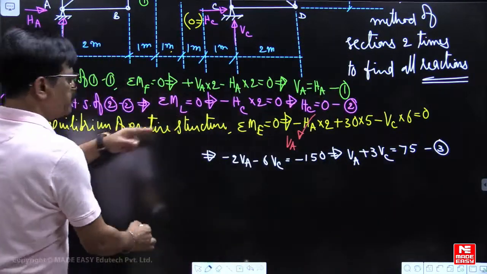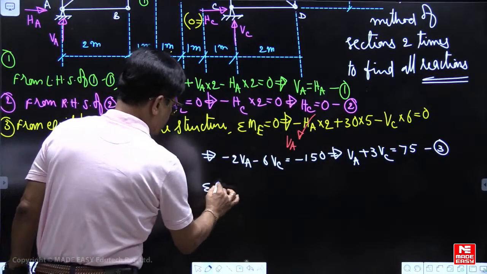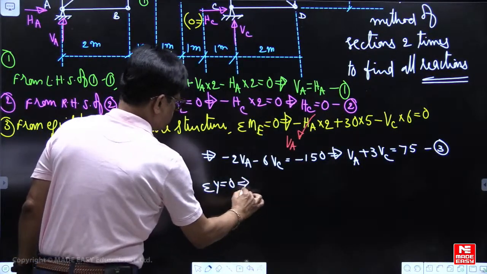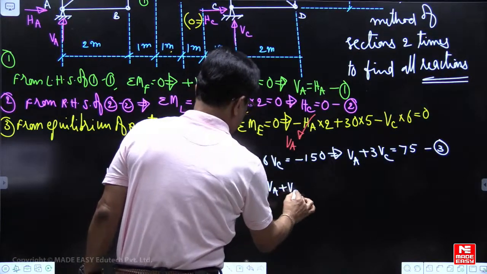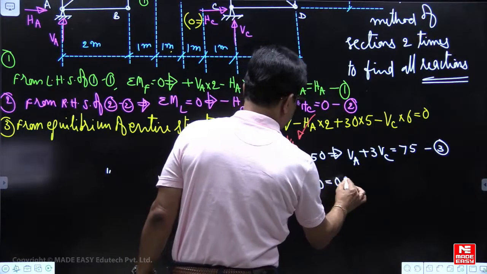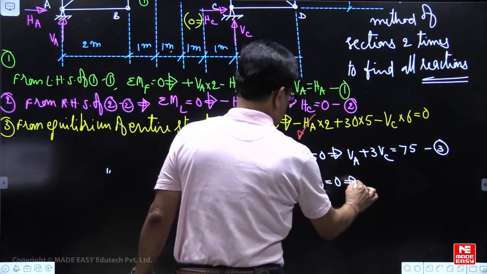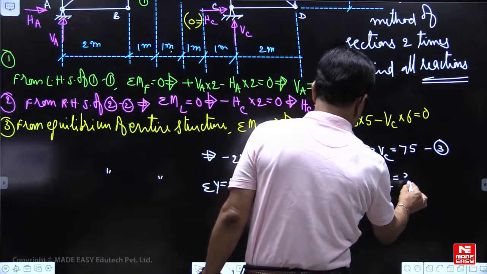Next, again from equilibrium of entire structure, I can write sigma y is equal to 0: plus VA plus VC minus 30 is equal to 0. So from this we can get VA plus VC is equal to 30.